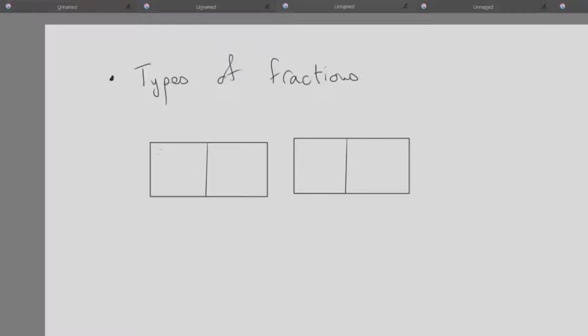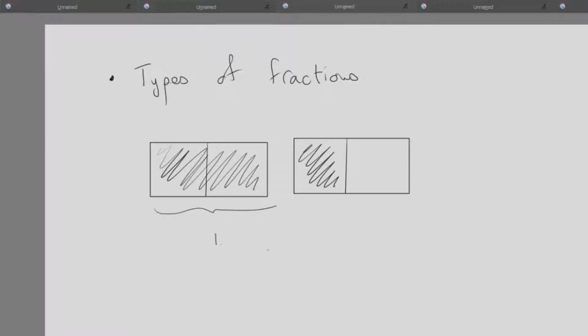And I give someone 1 whole loaf of bread and half of another one. I can say here, well, this is 1 loaf of bread, and here I'm getting a half of another one. That I'm, of course, adding together, and I can represent that as 1 and a half.